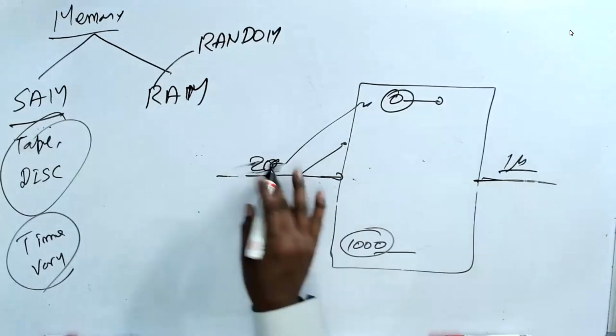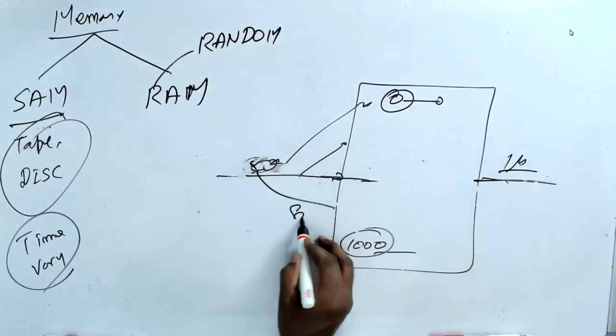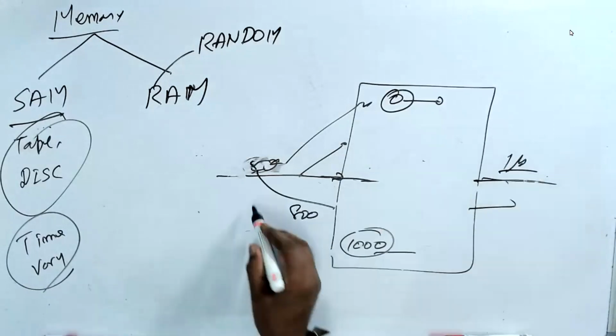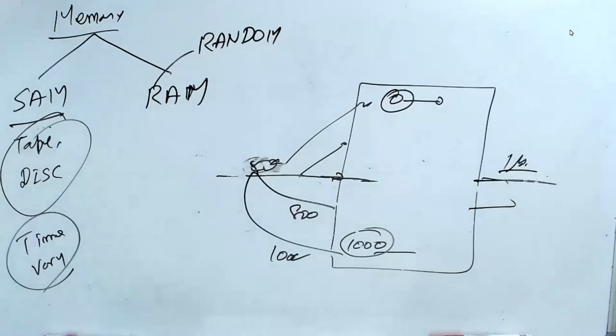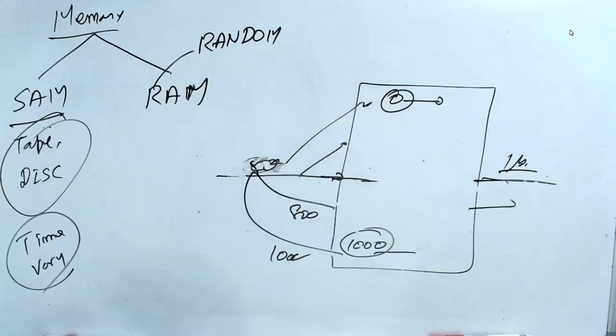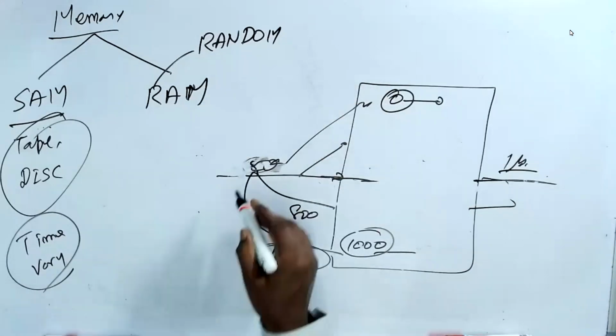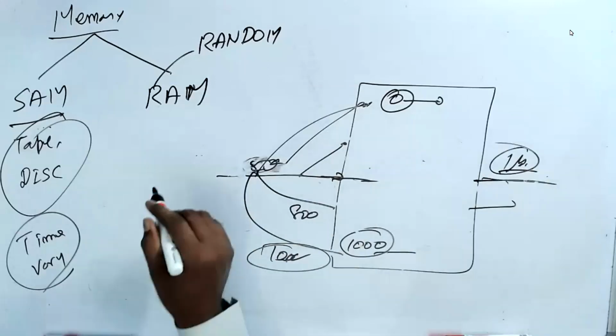If I give 500, 800, or 1000, I should get the same 1 microsecond. If I access any location, maybe 1000 and next time 0, I should get the same time. This is called access time.